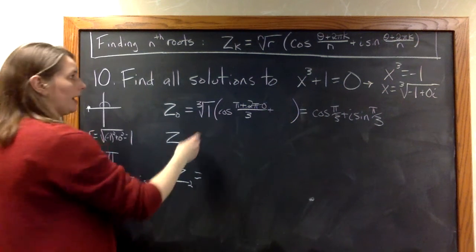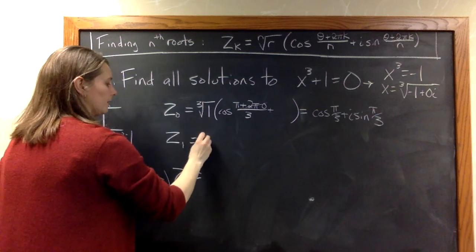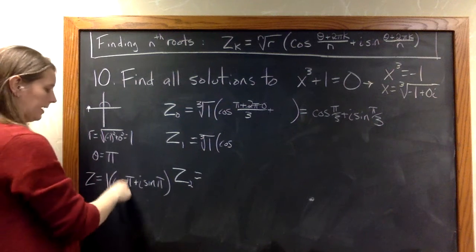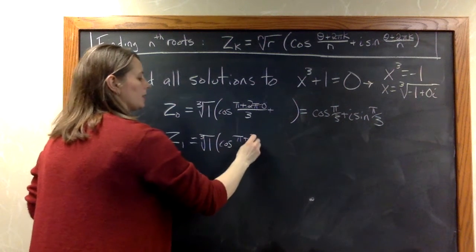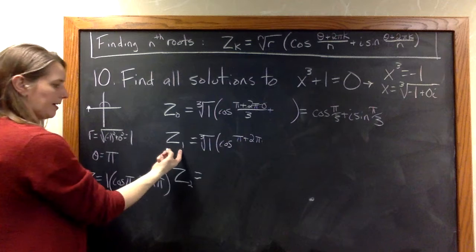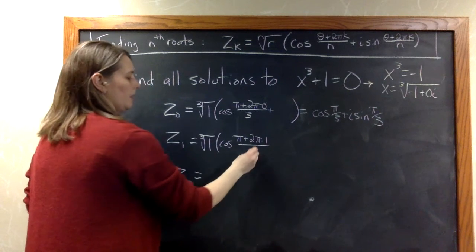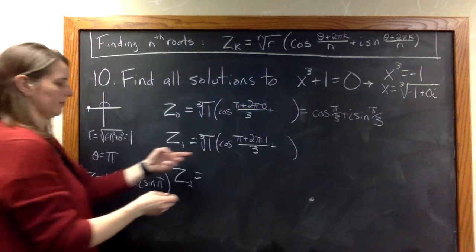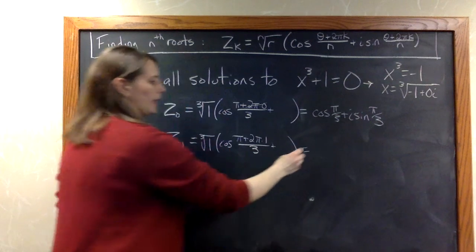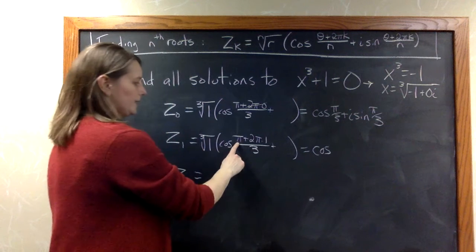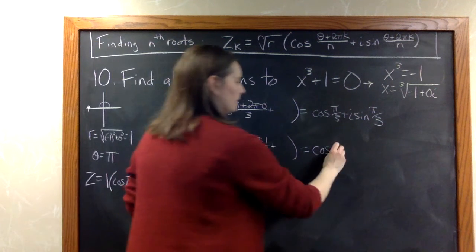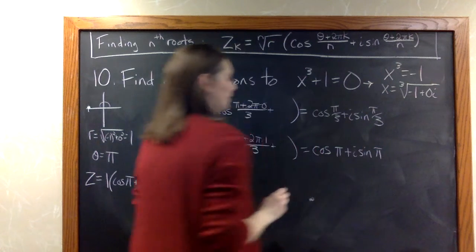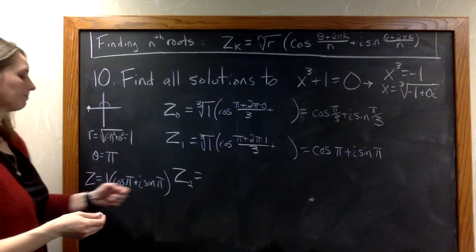Our next one, same thing, cube root of R. Cosine of theta, we said theta was pi, plus 2 pi times k, this time k is 1, over n, which is 3. Of course, that's just 1, so we get cosine of 3 pi over 3, which is just pi. Okay, there's our second solution.